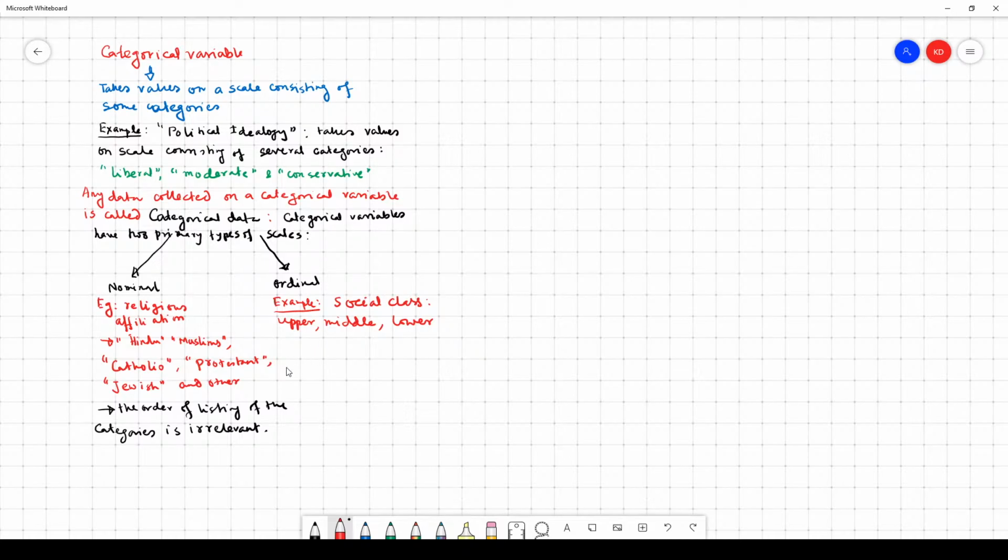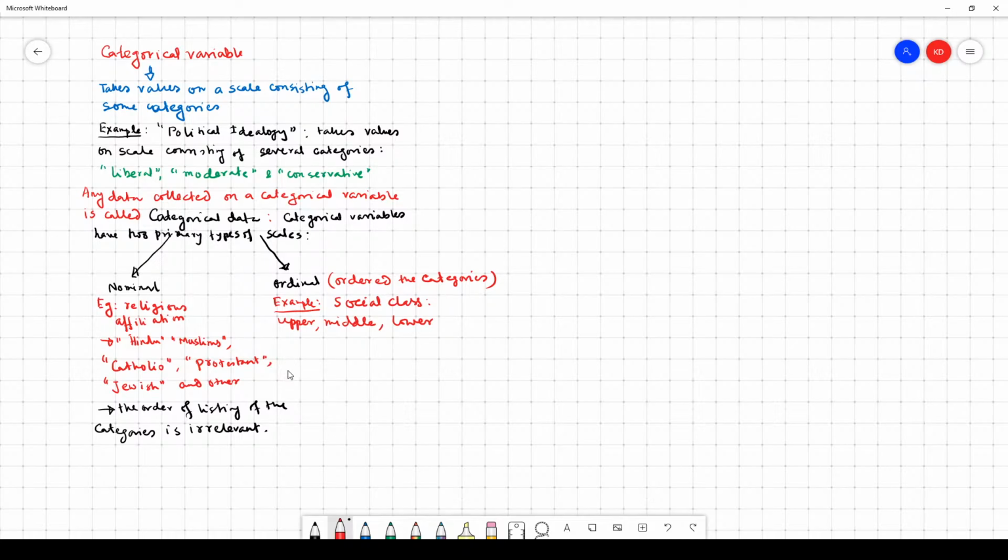So here we see that we can order the categories, so such a type of variable is called an ordinal variable.